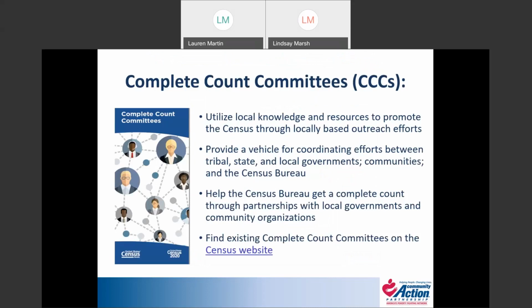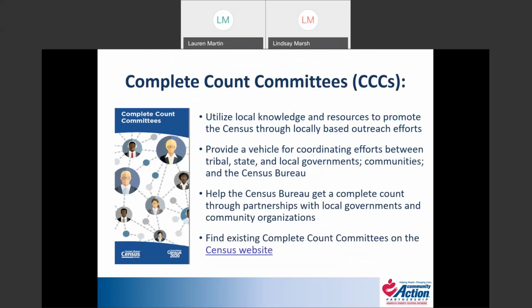The Census Bureau also has a network of complete count committees, also known as CCCs, across the country. They remind me a little of tripartite boards. Local complete count committees are made up of elected officials, local businesses, nonprofits, local school systems, religious institutions, the players of a community, all coming together to make sure that everyone in their community is counted.